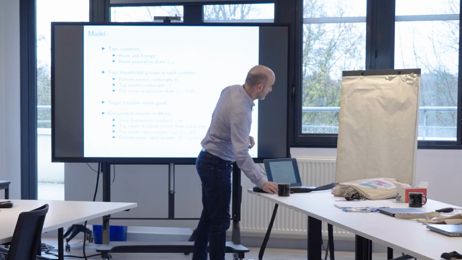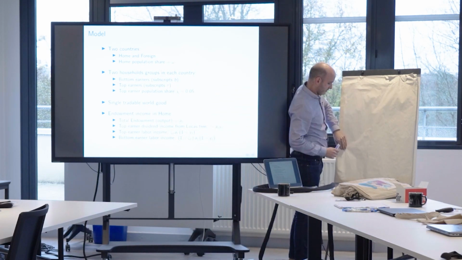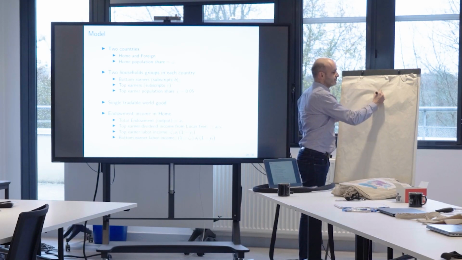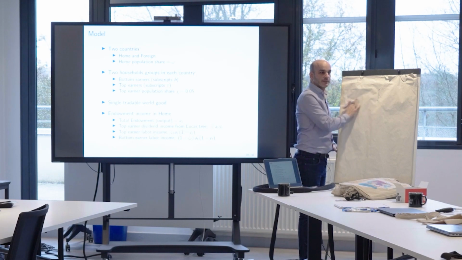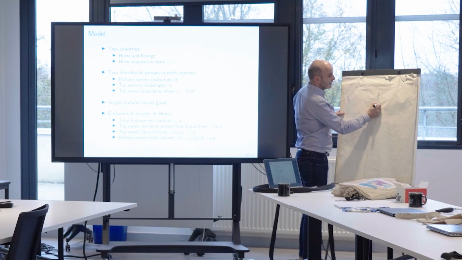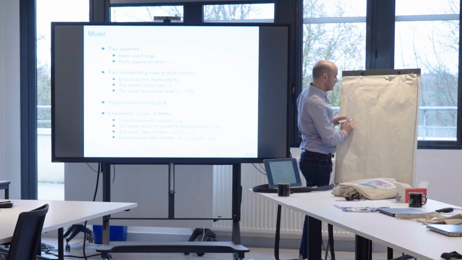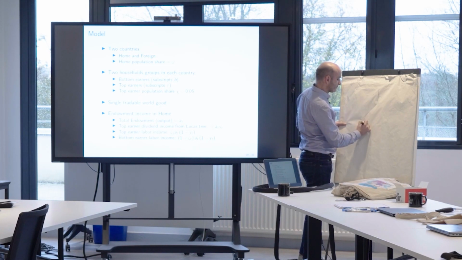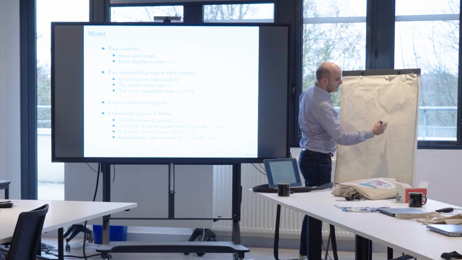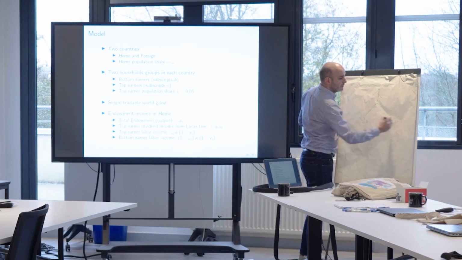Here, I think it's easier if I show you on the board. Let's assume that the economy produces 1. That's the total production. Then there's a fraction that goes to the financial sector. This fraction is YT. And the fraction that goes to the workers, to labor income, is 1 minus YT.